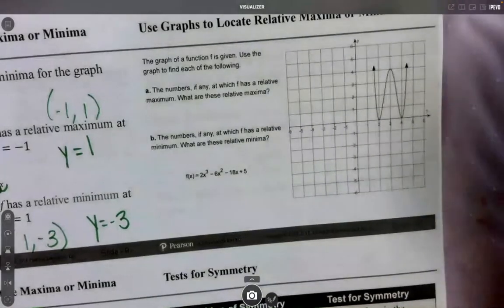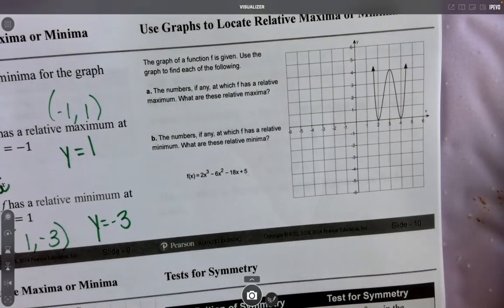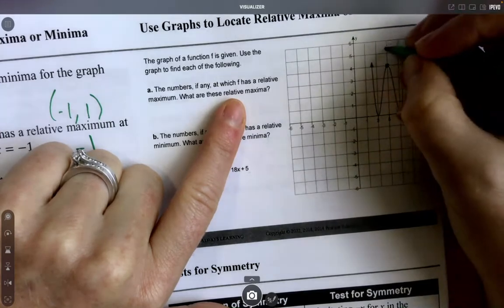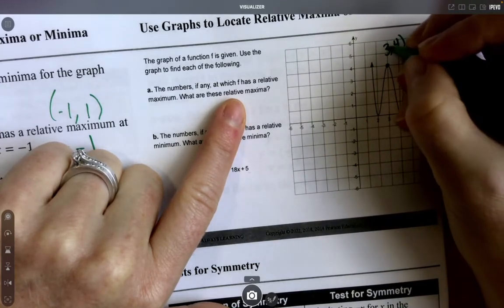So use this graph to find the relative maxima and the relative minima. And you can have more than one. So let's do our maxima. Maxima is here. It's at 3, 4.